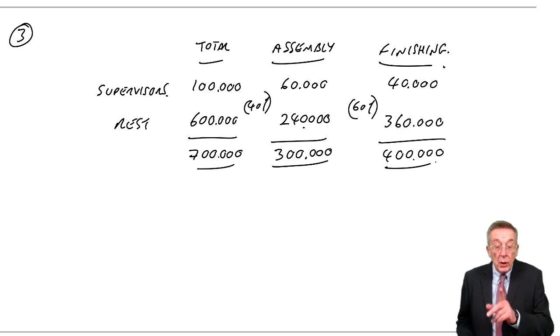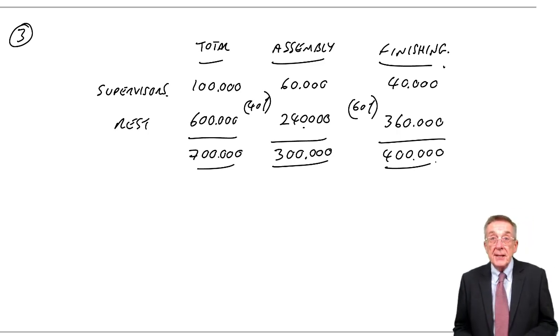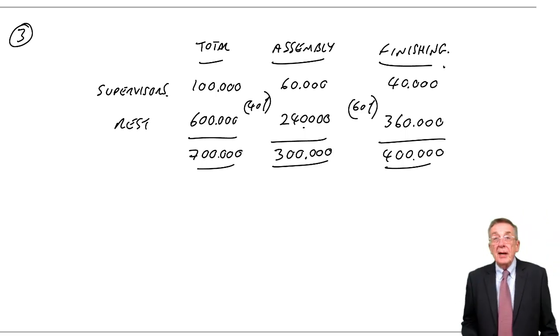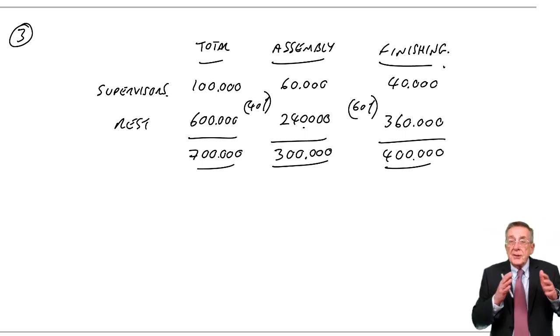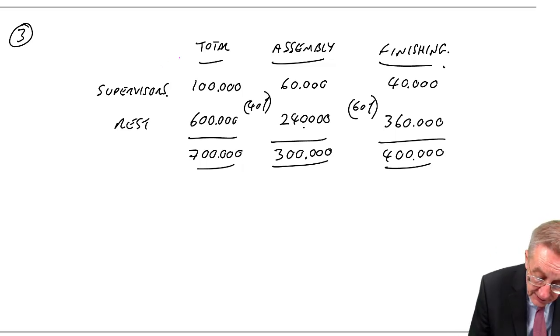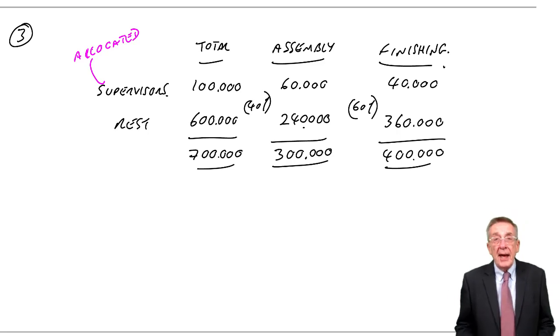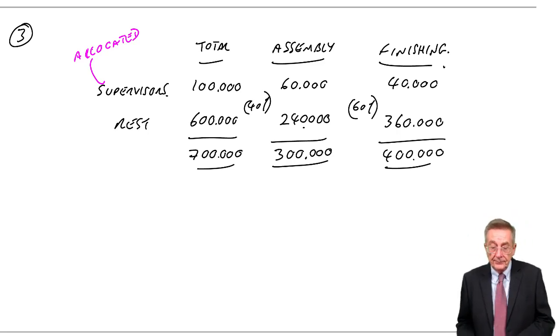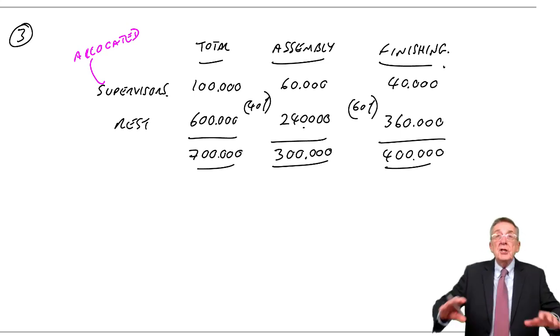Now, before I carry on, just one little bit of terminology, just in case it's mentioned. Supervisors, we put the cost where relevant. We say we allocated the cost. Allocating overheads. If you know it's one department, you stick it there. The others, though, we just decided to share them.